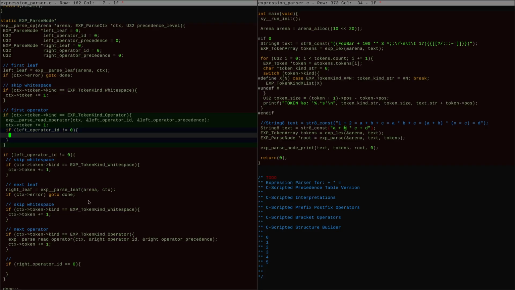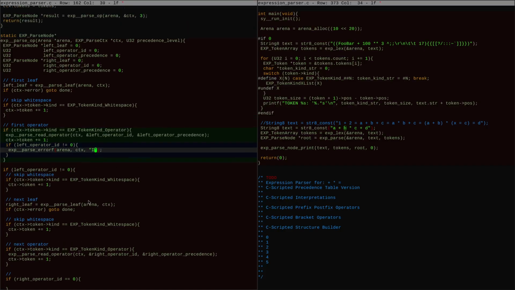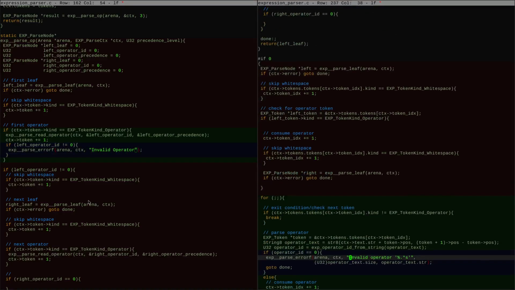So this is if left operator ID does not equal 0, parse errorf, arena context, arena context, and then I give it the name error message like invalid operator, like this.